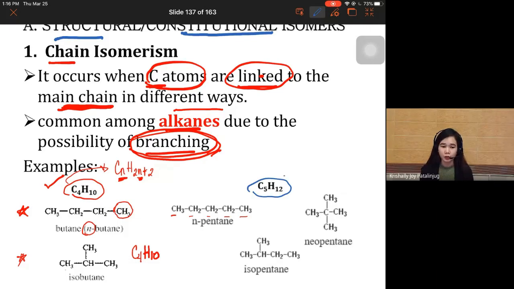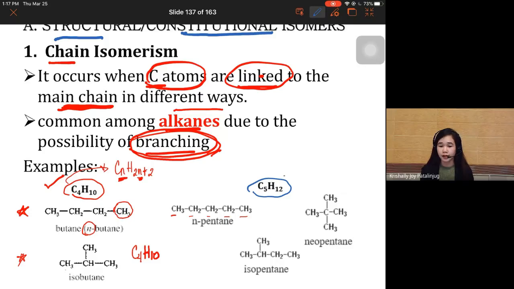What I wanted you to learn here in today's discussion is for you to identify, to know when it is a chain isomer, when it is a functional isomer, when it is a positional isomer. Dapat kabalo mo mag-identify.